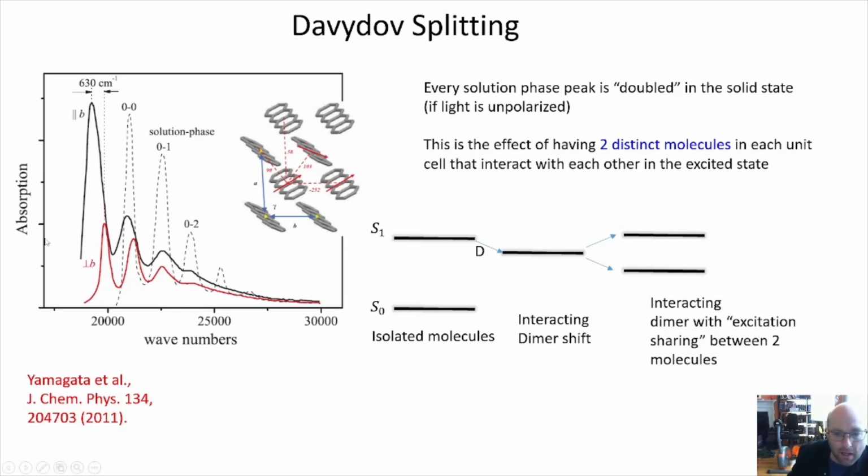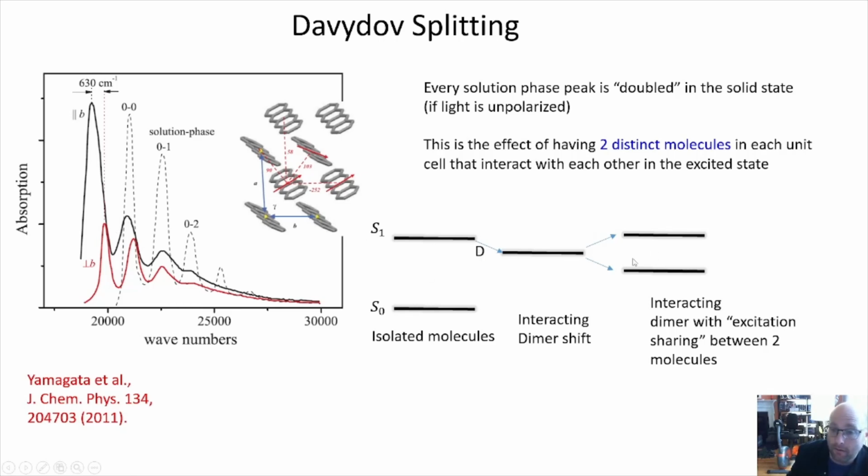Within that dimer, there's not only a rigid environmental shift, but maybe there's a little bit of excitation sharing between the 2 molecules, right? And that gives a very slight splitting. So the shift between the dashed and the black is large. The shift between the red and the black is small.